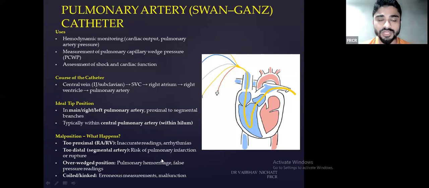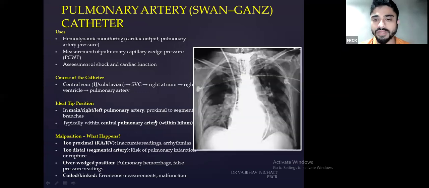There will be false pressure monitoring or readings. If it is coiled or kinked, then again false pressure readings might result. Okay, so this is how the Swan-Ganz catheter will look, from the IJV, SVC, right atrium, right ventricle into the pulmonary artery and maybe into the right pulmonary artery.